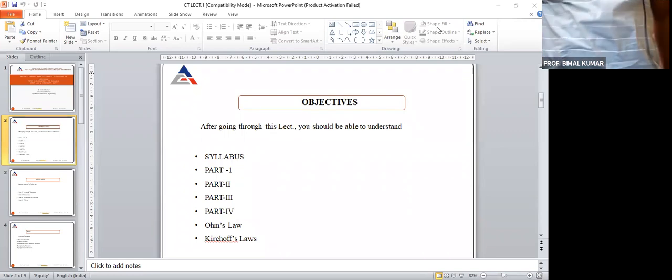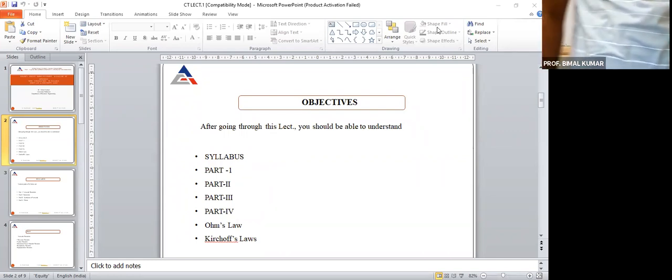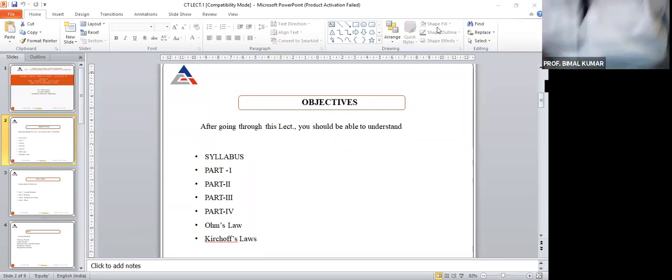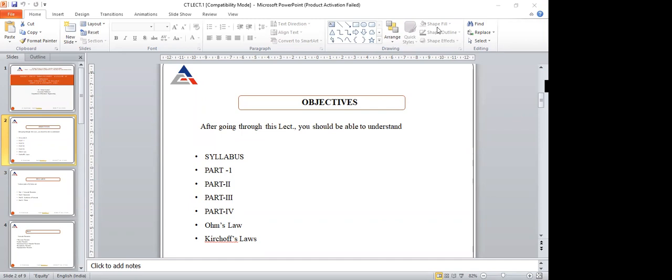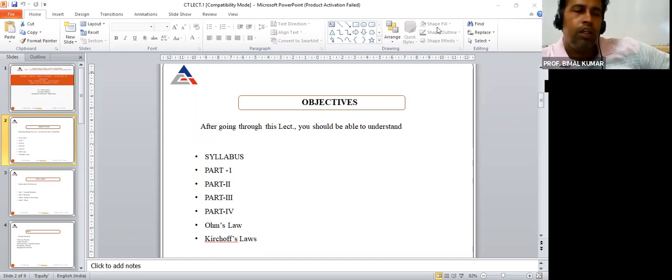In part 1, we will see how to do analysis of different networks, whether that will be a DC network or an AC network, right? So basically, part 1 and part 2 are analysis of the network.